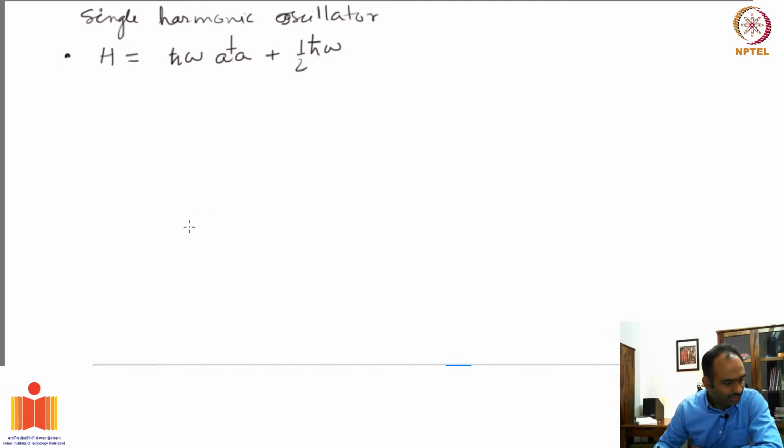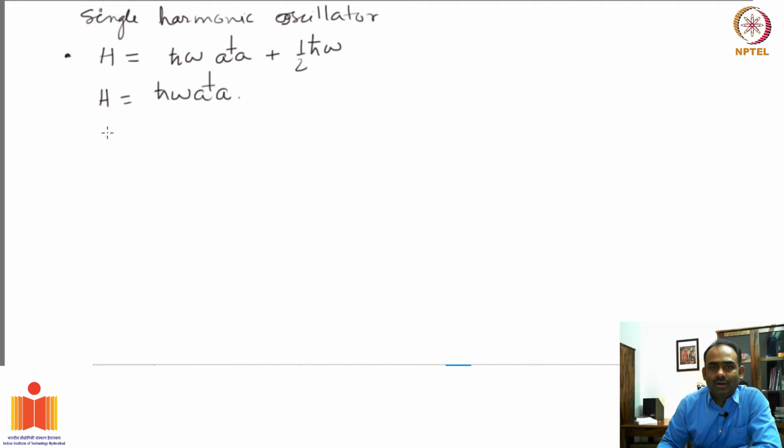So if you want to drop this term, let's say I'm not interested in this term, so I subtract out from the Hamiltonian this ground state energy, because this is the one which gives you the ground state energy. So I will remove that part, okay, and I will just take the Hamiltonian to be h bar omega a dagger a. I can do this here, there is no problem.